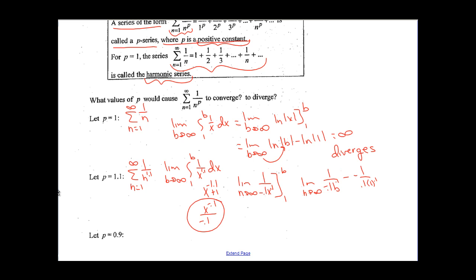Well, now this part is going to go to 0. So we have 0 plus 1 over 0.1 times 1 to the 0.1. And whatever decimal value that is, it's just saying that this series converges. So the series converges.